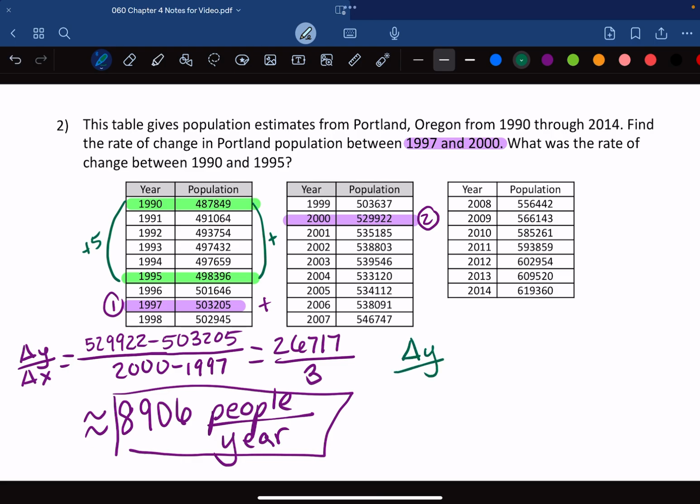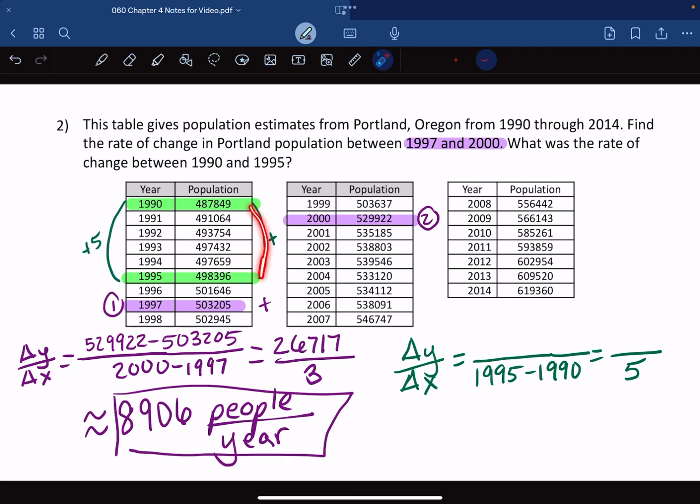So we're doing the change of Y, change of X. I've already done the change of X. It went up by 5, which I got by subtracting 95 and 90 to give me 5 years of change.